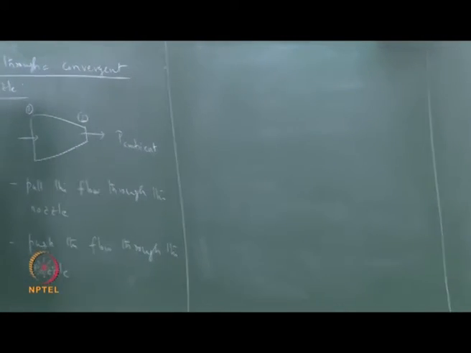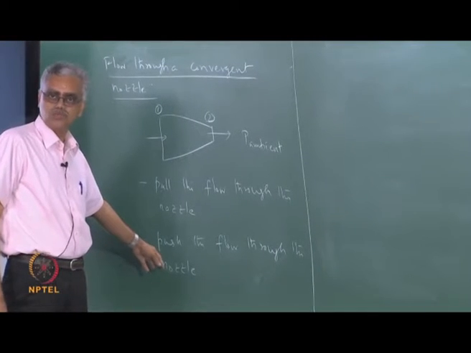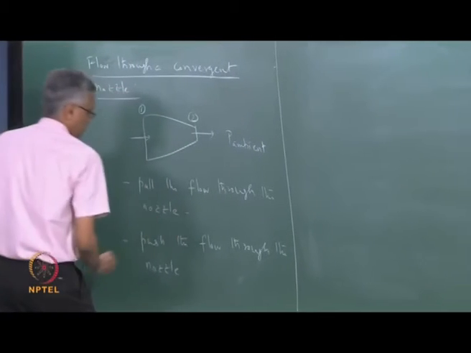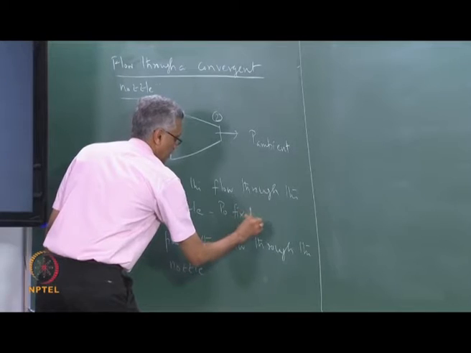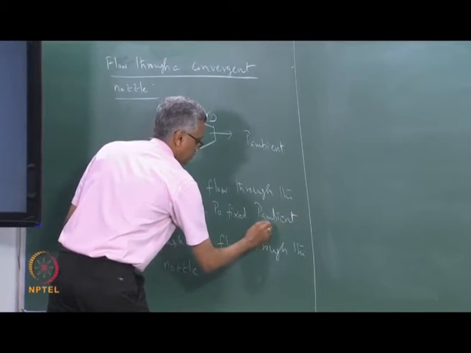So we are now going to look at the next sequence of events when we push the flow through the nozzle. The difference between these two is that here P0 is fixed, P ambient changes.